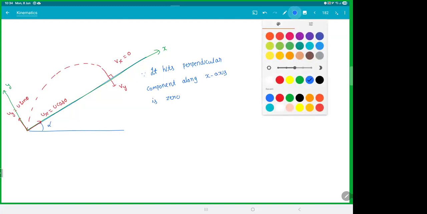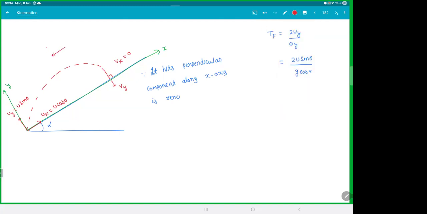Yeah, let me write that thing also. So this is your ax, g sin alpha, and this is ay, which is g cos alpha. And now it is given in the question, Vx is equal to ux plus ax t. Vx is 0, ux is u cos theta, ax is g sin alpha.